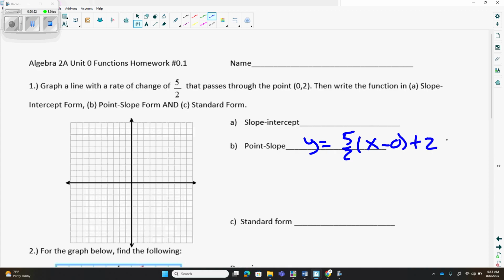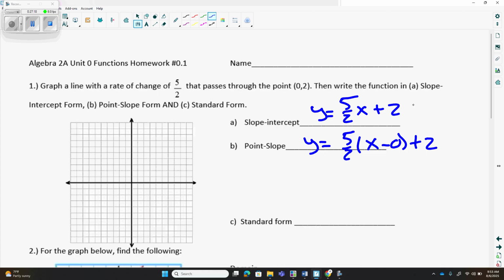Now, I need to distribute the 5 halves and put it in slope-intercept form, distribute, and then add. Well, 5 halves times 0 is 0, so this equation just ends up being y equals 5 over 2 x plus 2. Ta-da.